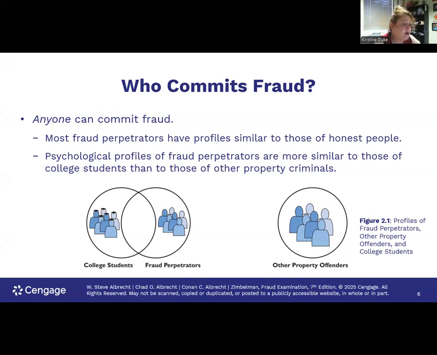Psychological profiles of fraud perpetrators are more similar to those of college students than to those of other property criminals. So basically what they're saying is college students have a propensity to commit some type of plagiarism, which is a fraud.